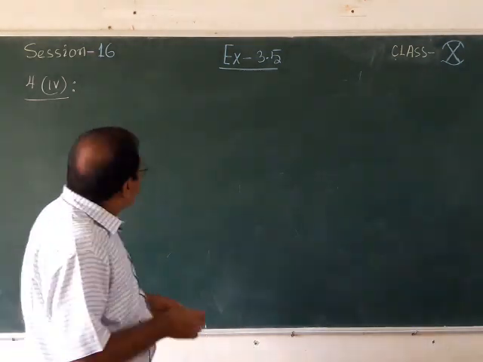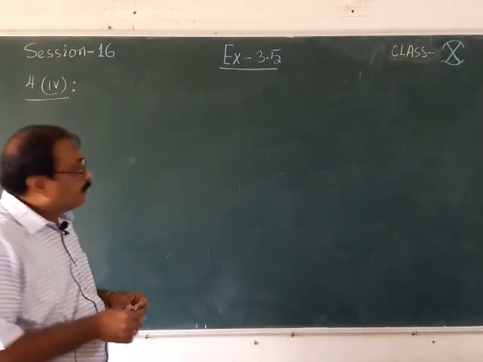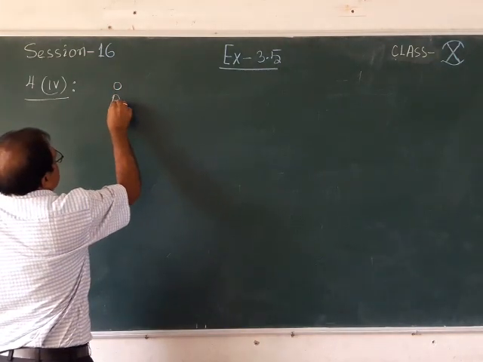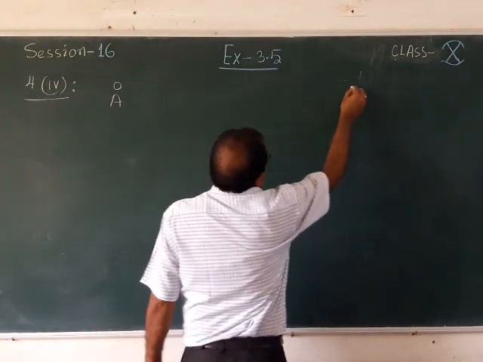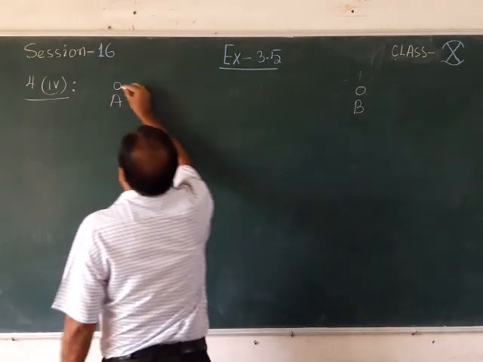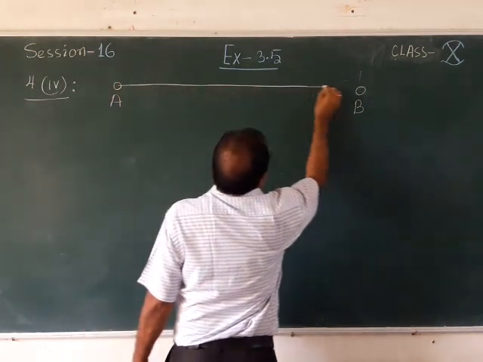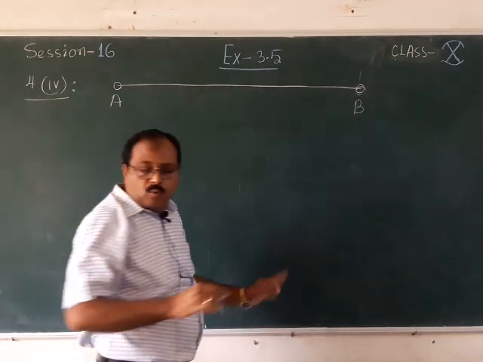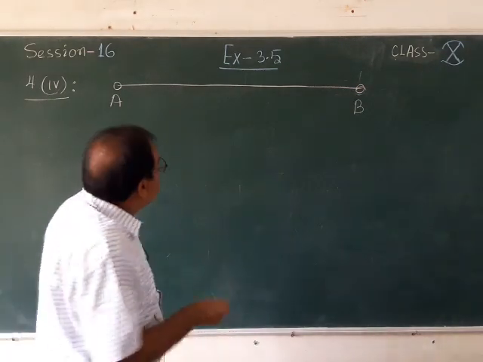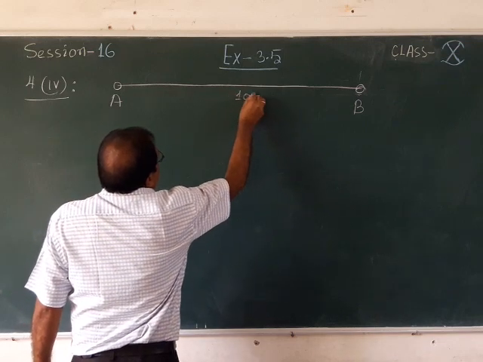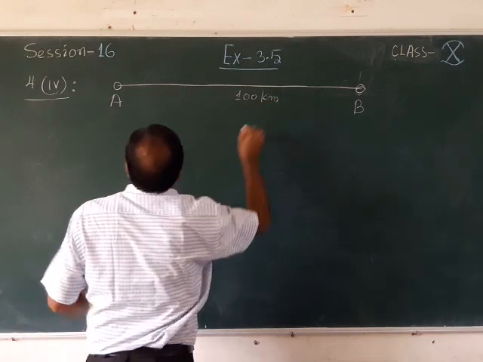Okay. So here in question 4, you can see that you are having two places. One place is A and another place is B. Suppose these are two places, and the distance between these two places is given as 100 km.